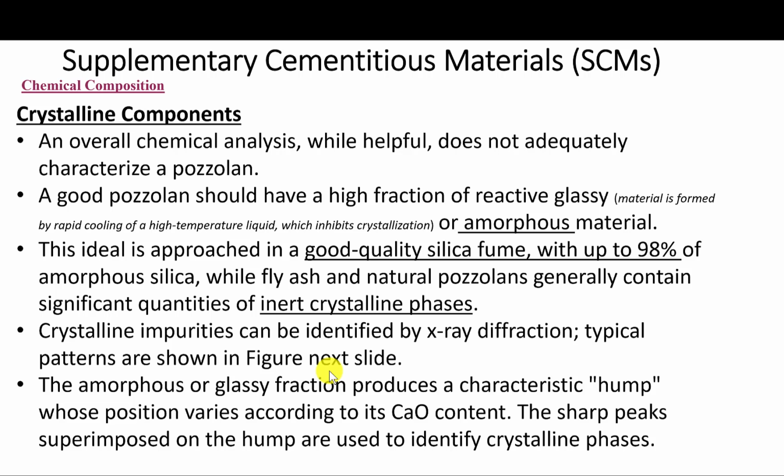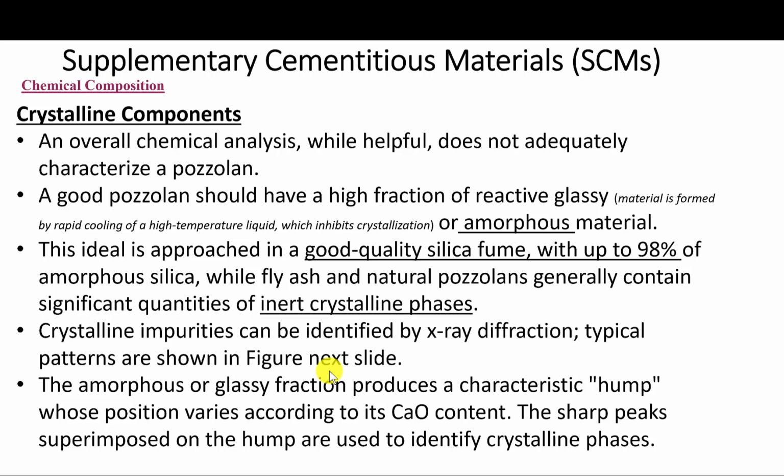Basically, an overall chemical analysis, while helpful, does not adequately characterize a pozzolan. A good pozzolan should have a high fraction of reactive, glassy, or amorphous material. I mentioned that about the reactive material. Basically, this material is formed by rapid cooling of a high temperature liquid, which inhibits crystallization. Okay?